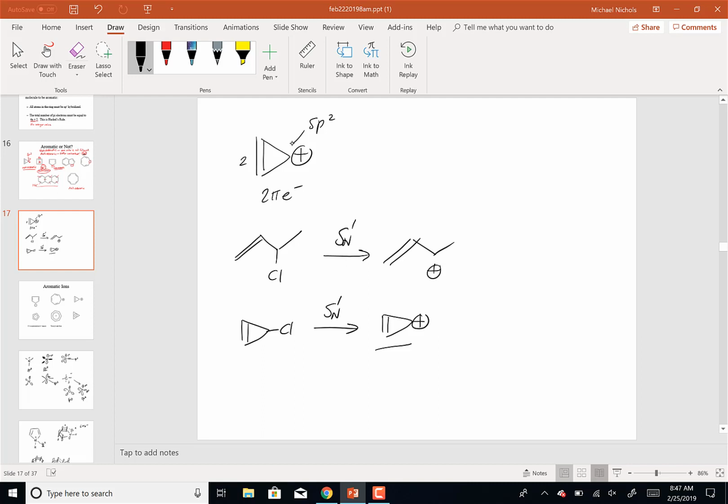So if I measured the rates of this reaction, I would find this one should form faster. It should be faster, but it should be really fast, because the system I'm forming is aromatic. So it's not that this is just going to lie around there forever and not react. That's not true. But comparing its stability to something that isn't aromatic, it's going to be much more stable.